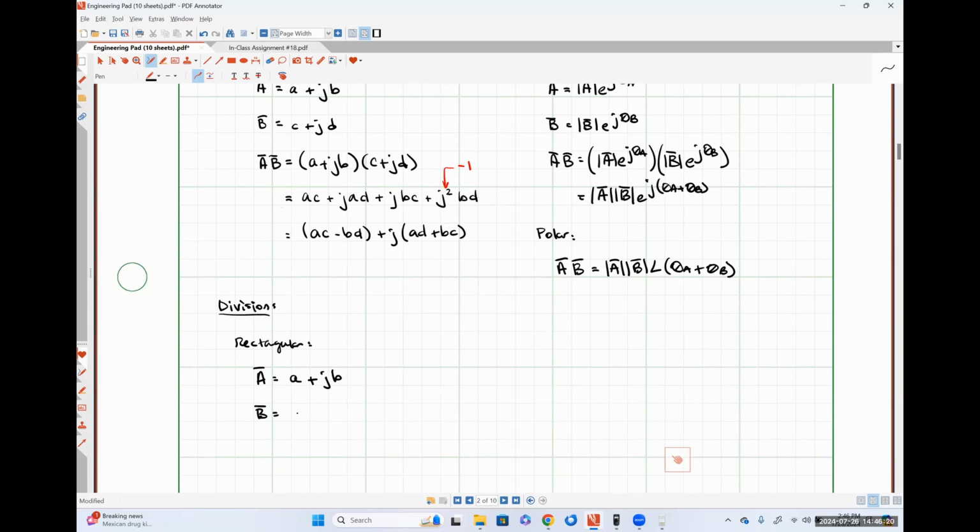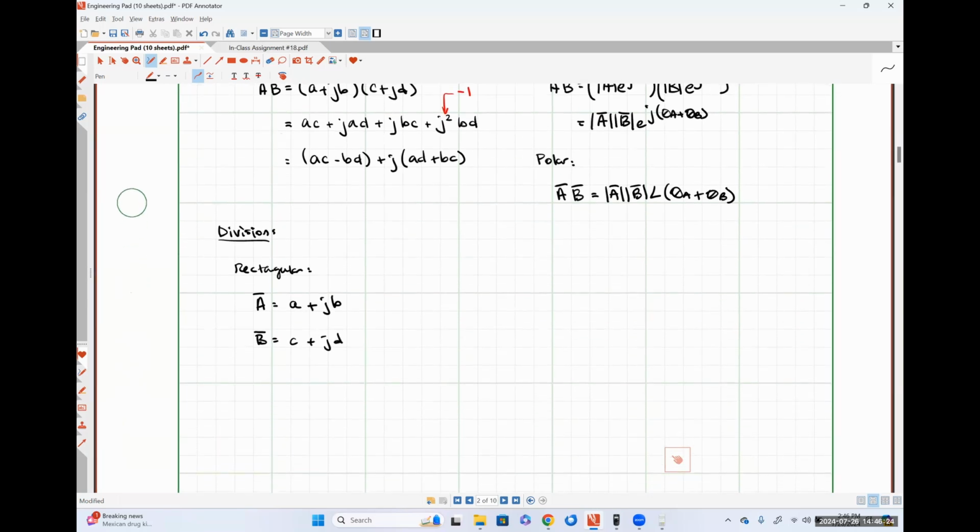Complex number b is C + jD. And so if I want to divide a by b, I'm going to get, I'm leaving myself some room there for a reason, (A + jB) divided by (C + jD).